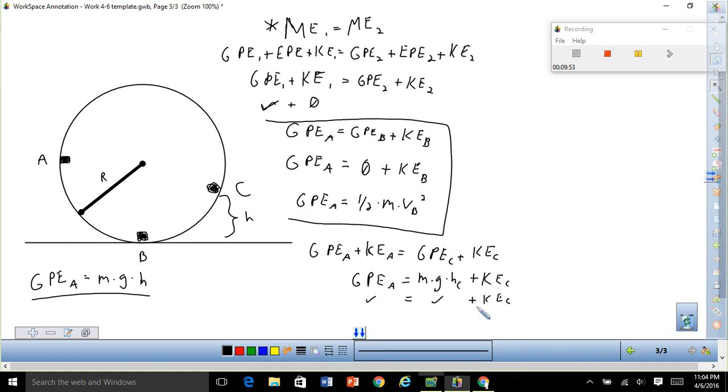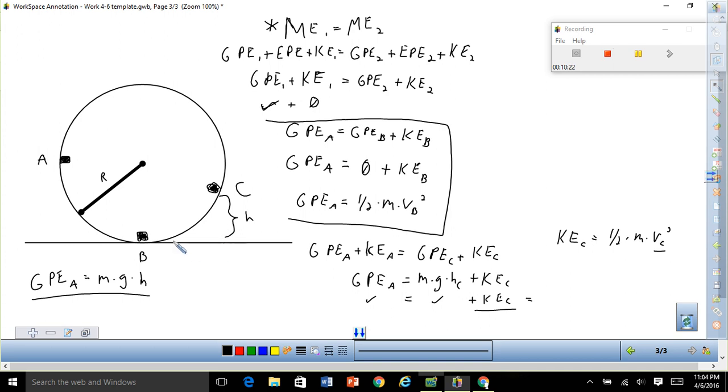That could then be used either to know the kinetic energy itself, just in total, or set the kinetic energy, once you know its value, equal to 1/2 times mass times the velocity of point C squared. And you could then, knowing the mass, find the velocity at point C.